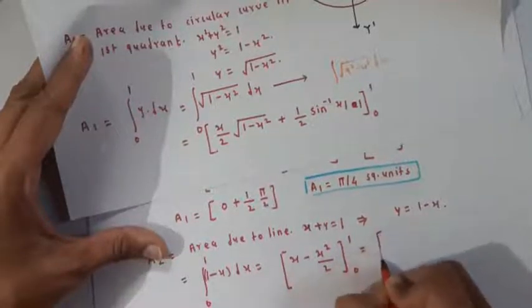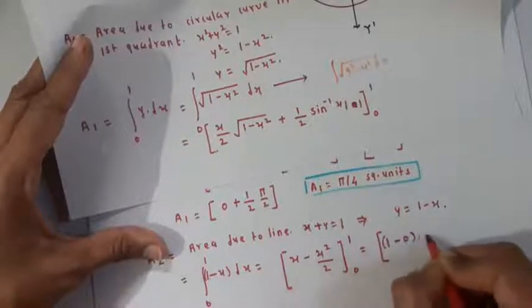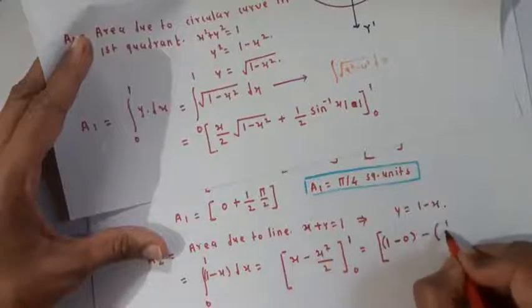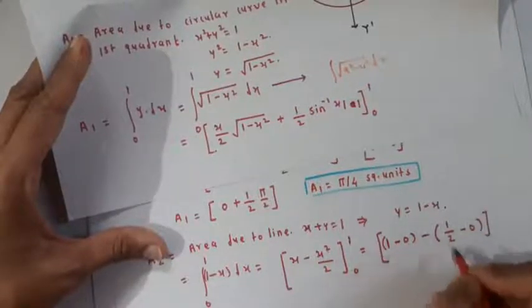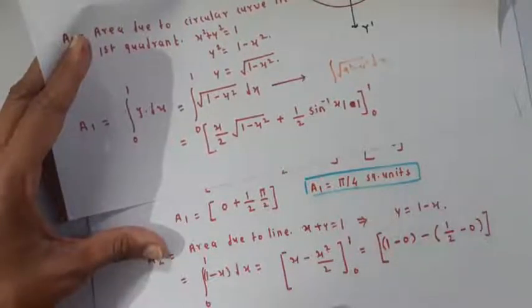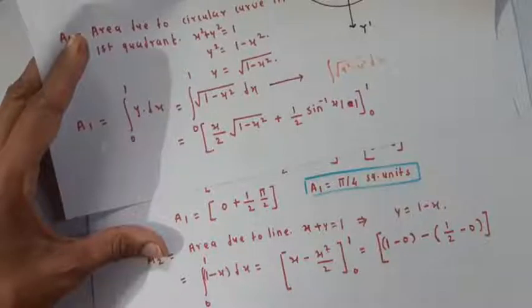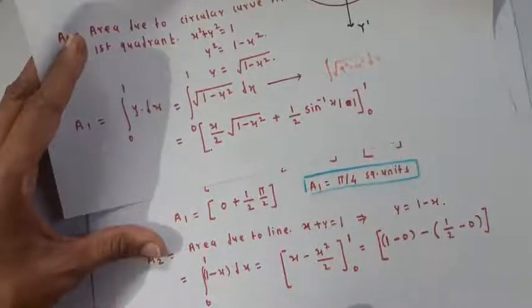This is 1 minus 1 by 2 minus 0, and 1 minus 1 by 2 is 1 by 2. So area A2 equals 1 by 2 square units.